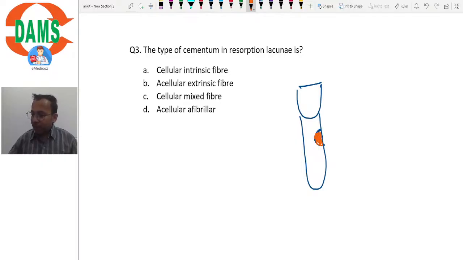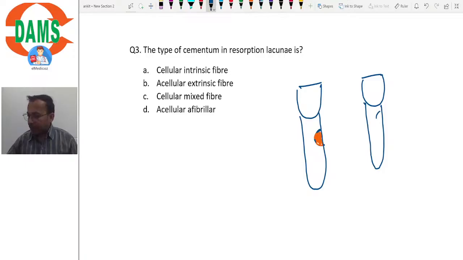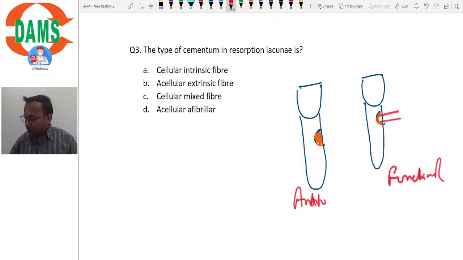In functional repair, what will happen? Only a layer of cementum will be deposited so that the periodontal ligament attachment can be restored, right? So this is the functional repair.